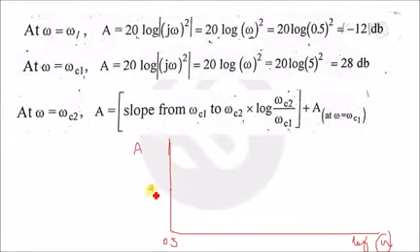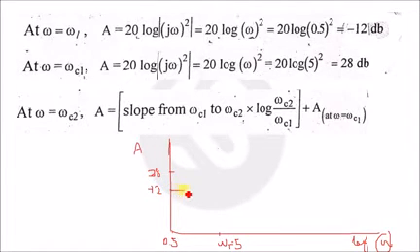How much? Minus 12. Clear? Remember this. Then when I go for omega c1, this is nothing but 5. At this value, I'm getting a corner frequency gain of, let's say, here, 28. Don't bother about the scale. I'll just try to make you understand. Clear? So this is the point.